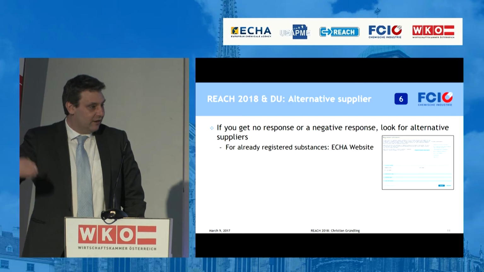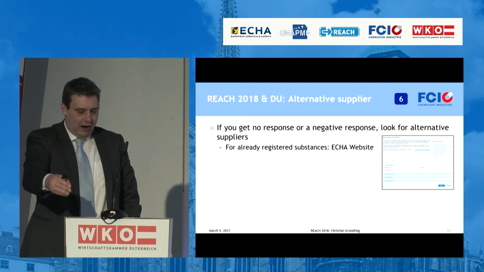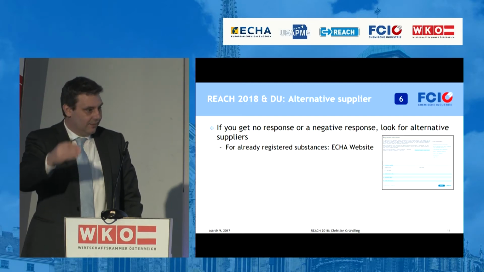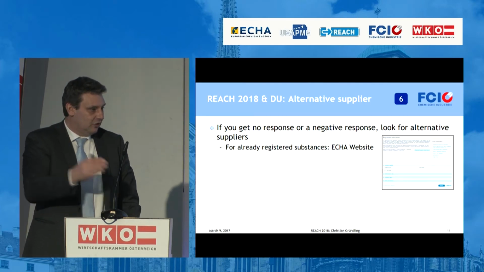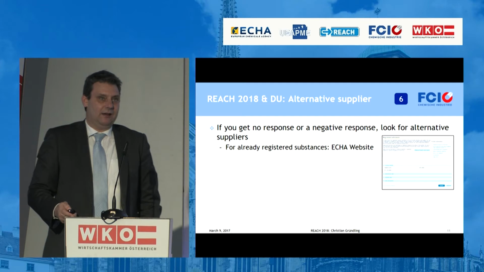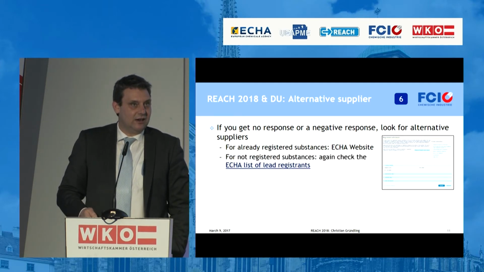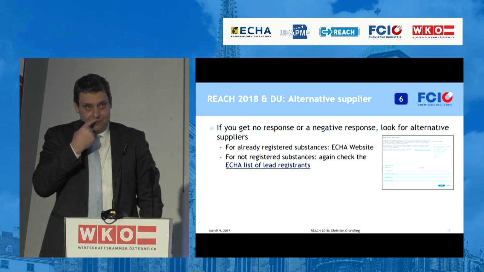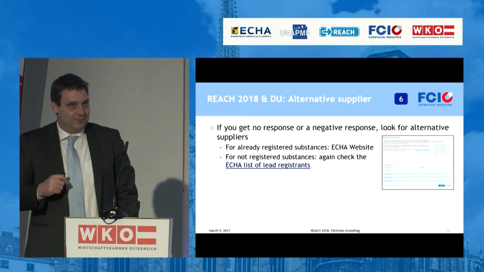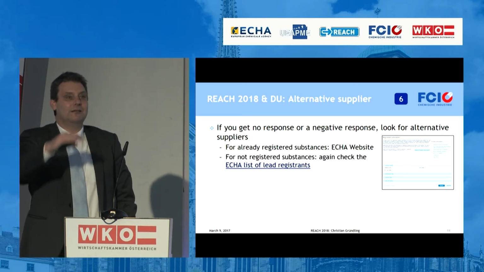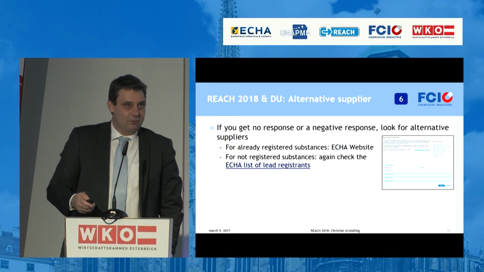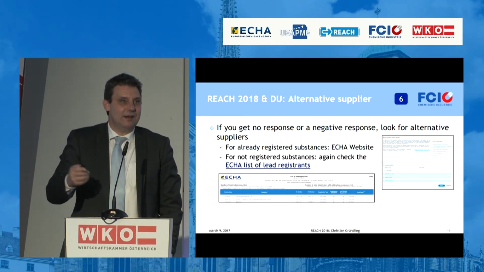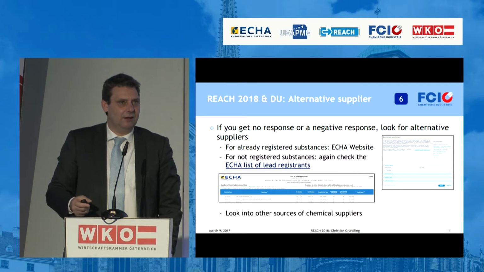It's easy for registered substances, because then there are already registrations, there are already suppliers. It's easy to find, I just have to switch the supplier. Again, you can check that on the ECHA website. For not registered substances, again, the lead registrant list of ECHA, you might find someone there and some activity in that field.